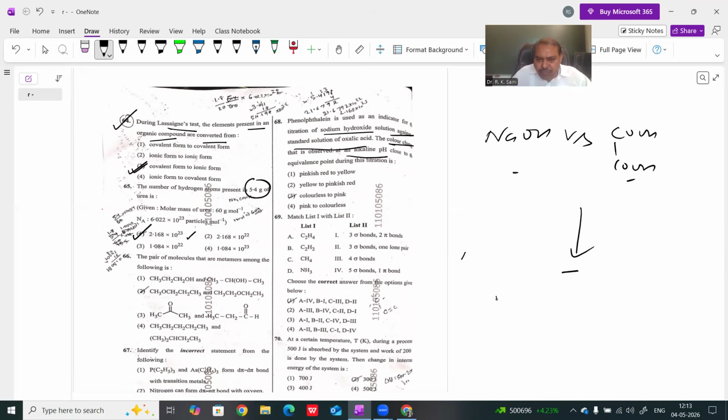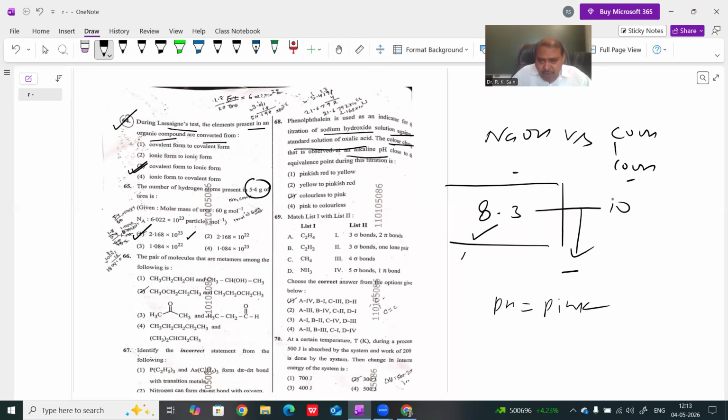It means when the solution becomes alkaline, the color of phenolphthalein becomes pink. The pH range of phenolphthalein is nearly 8.3 to 10. When pH is less than 8.3, it is colorless, and when pH is 10 or more, it becomes pink, and hence this is the alkaline pH of the solution. So in alkaline medium, the color changes from colorless to pink.